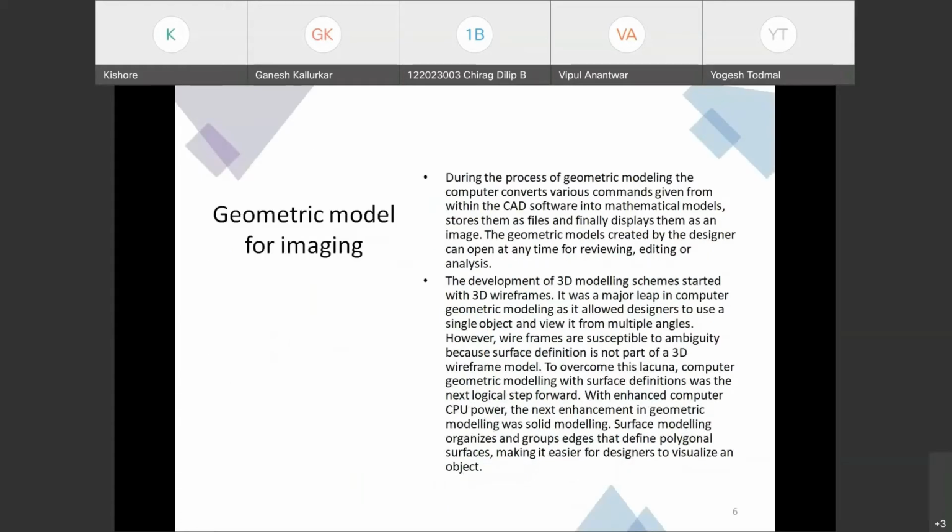During the process of geometric modeling, the computer converts various commands given from within the CAD software into mathematical models, stores them as files, and finally displays them as an image.